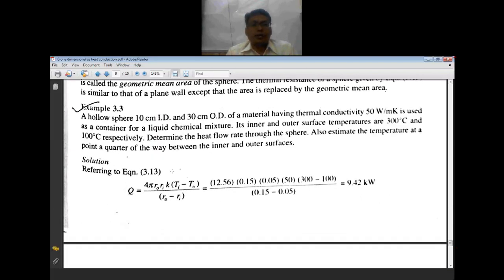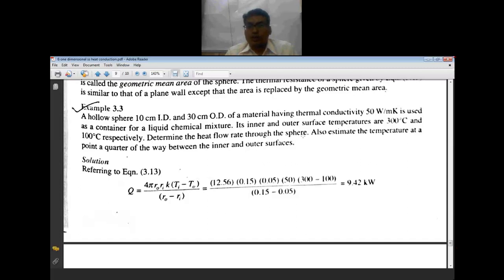A hollow sphere of 10 centimeter ID and 30 centimeter OD, of a material having thermal conductivity of 50 watt per meter Kelvin, is used as a container for a liquid chemical mixture. Its inner and outer surface temperatures are 300 degrees Celsius and 100 degrees Celsius respectively.